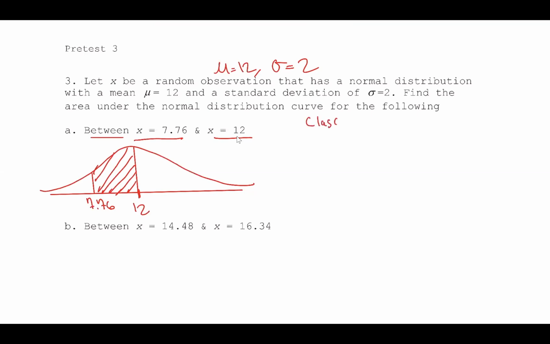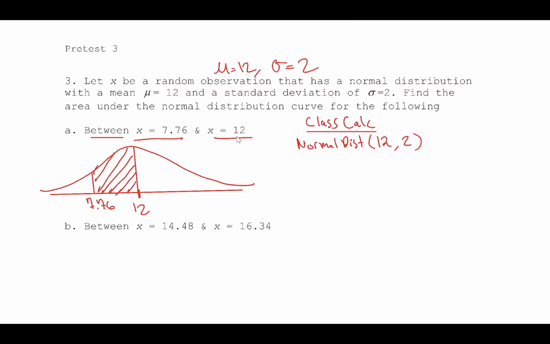So in class calc, the first thing you want to do is normal distribution. For the normal distribution right here, you have to be careful because for this one, you have to put mu is equal to 12. You put sigma is equal to 2.